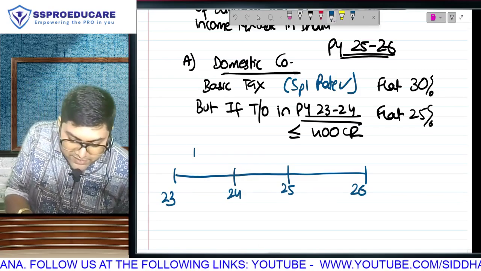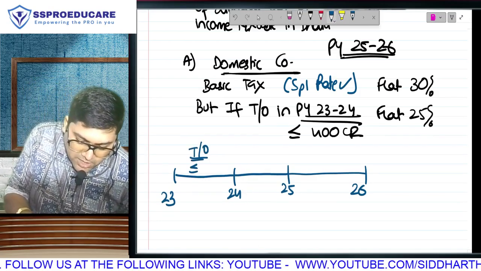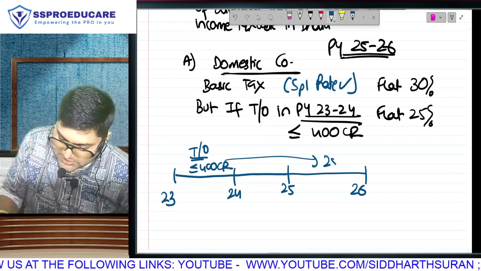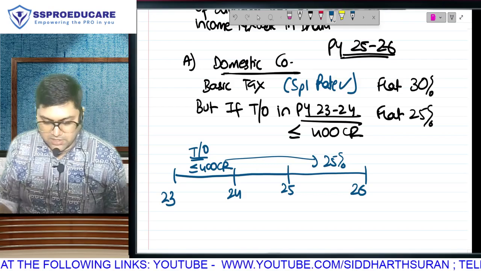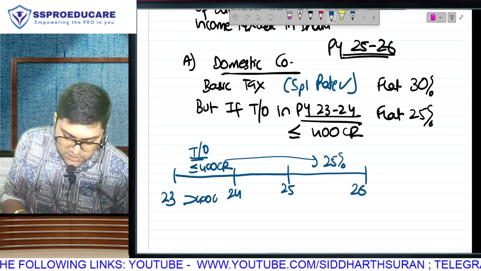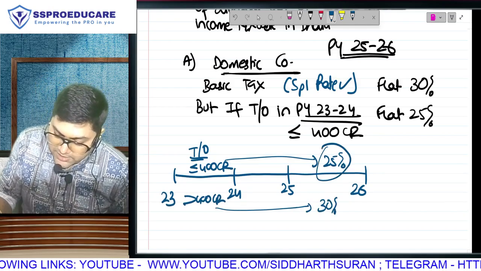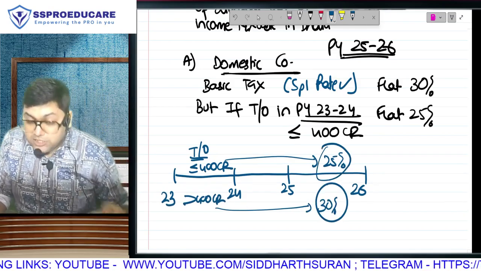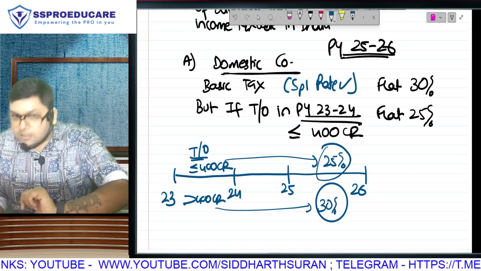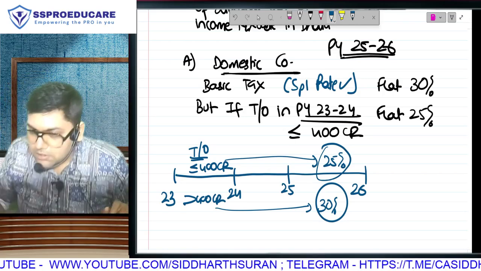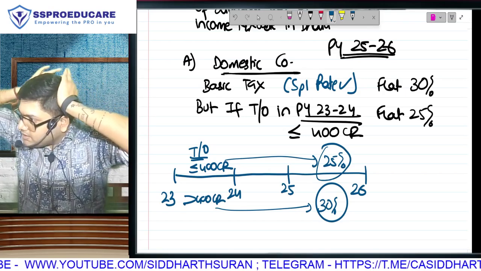If 23-24 turnover was up to 400 crore, then the 25-26 tax rate will be 25%. And if this was more than 400 crore, then this tax will be 30%. Means the current year tax rate will depend on turnover not of the current year, not of last year, but of last to last year.